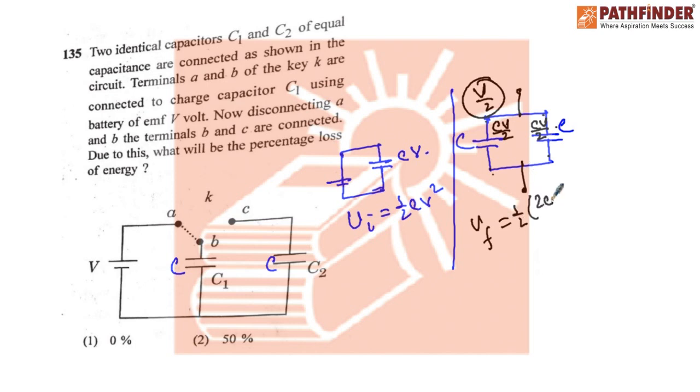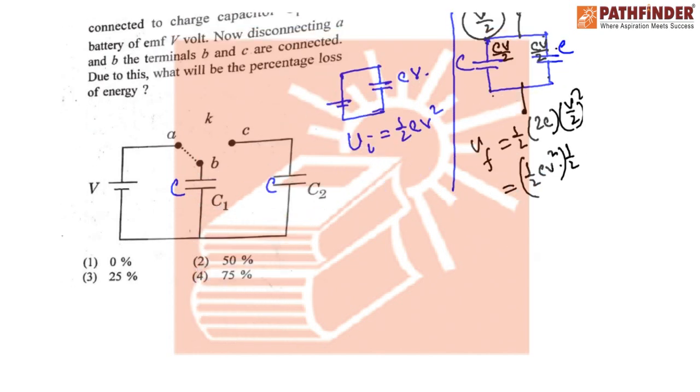Now C is equal to 2C, V is equal to V by 2 squared. Clear? So it is equal to half C V square times half. So U final is equal to U initial by 2. That means the potential energy has been decreased by half amount, right? So loss of potential energy is 50%.